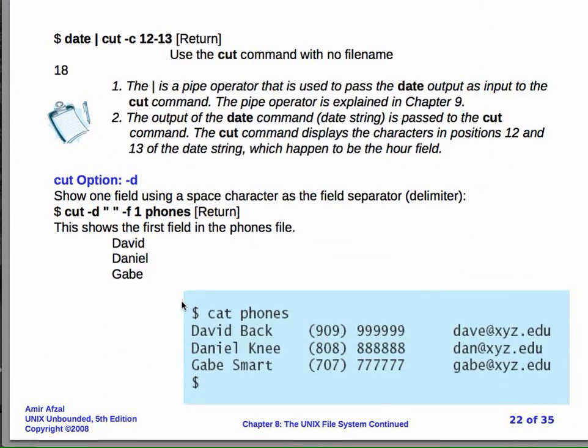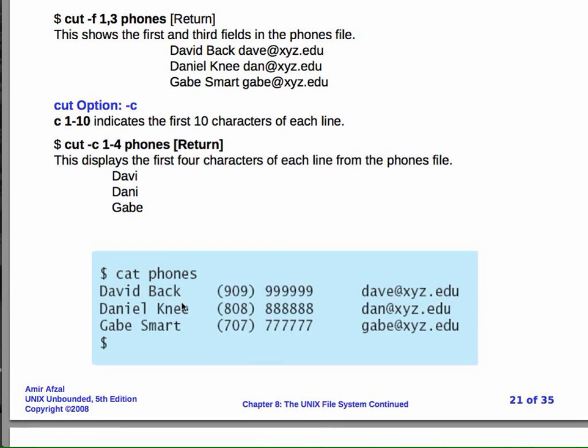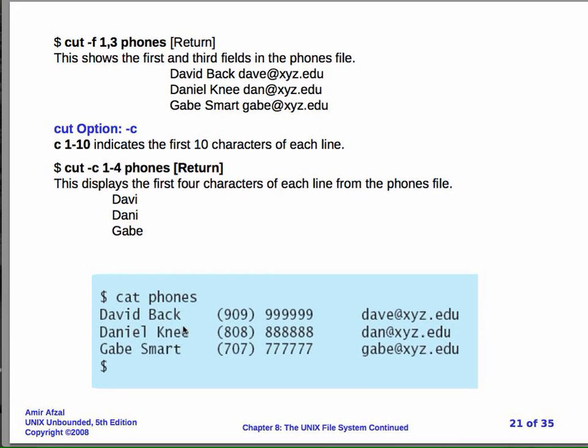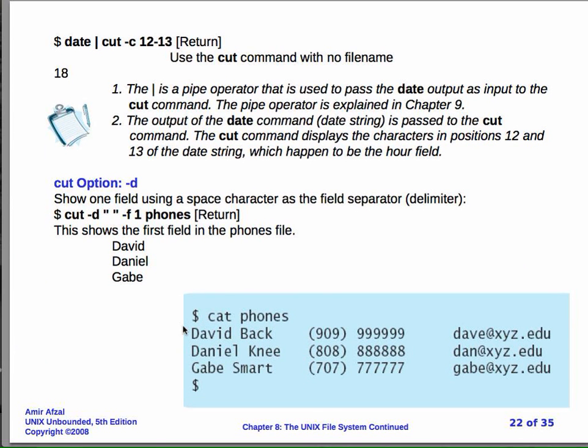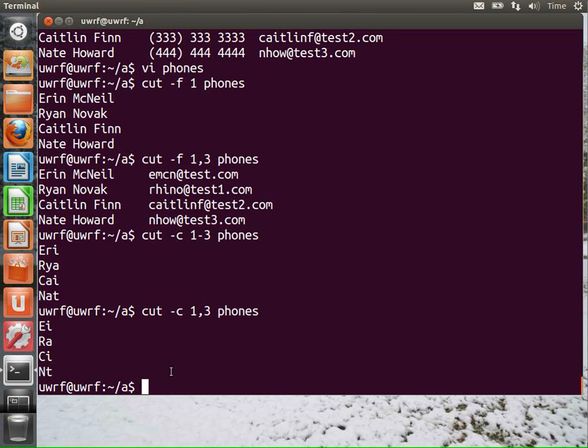You don't have to use files. For cut, you can use output of commands like date or ls. So let's just try that. Let's say date. And here's something that you might not have seen before. I don't remember if I've shown this to you. You take the output of date and put that into the input of cut. You use this character that's right above your enter key, I believe.